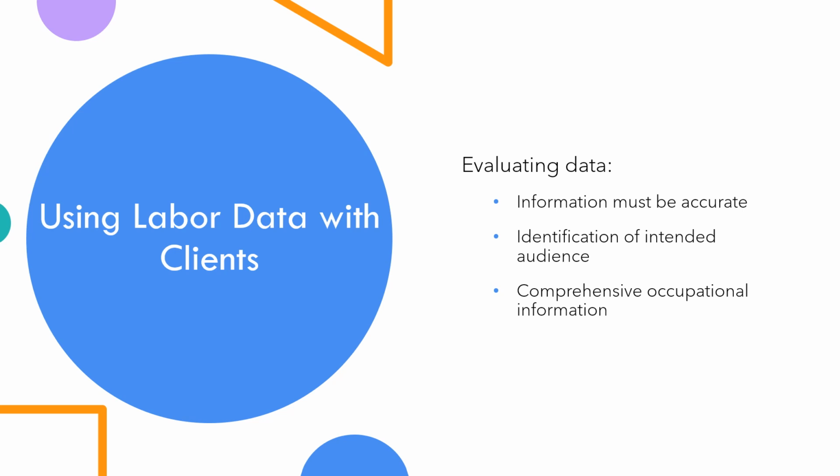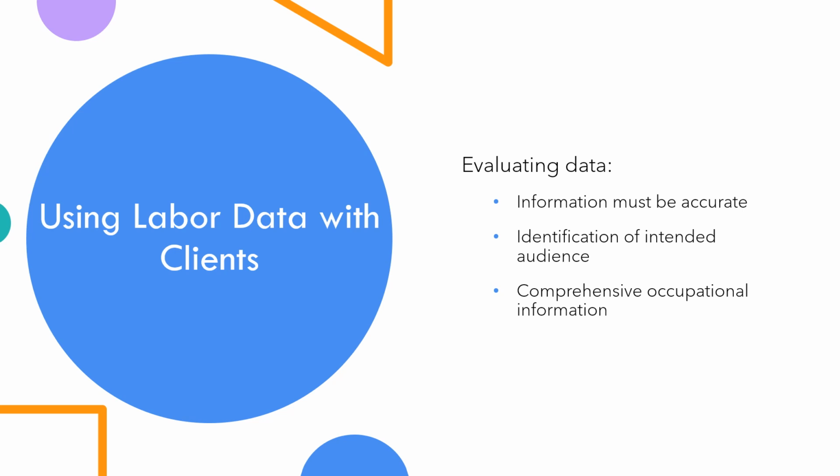It was intended for use in exploring career opportunities through professionals, schools, and individuals as part of the American public. So we need to know the intended audience of how that data was assembled and then who it's intended to be used by and for.